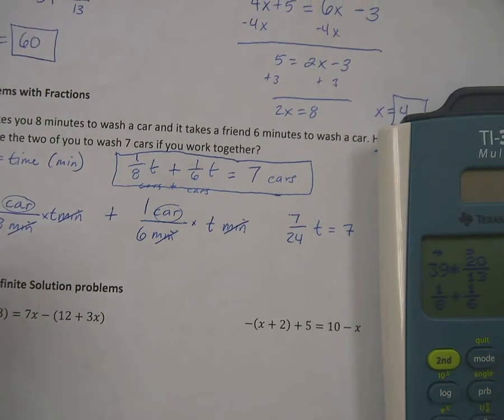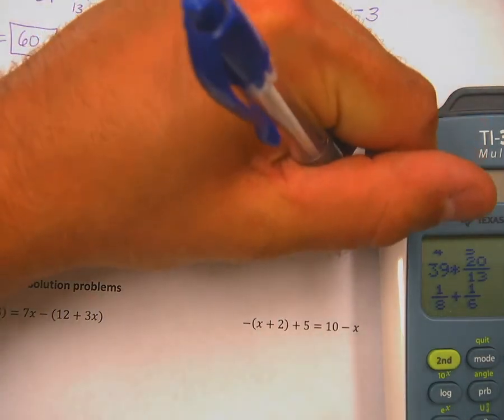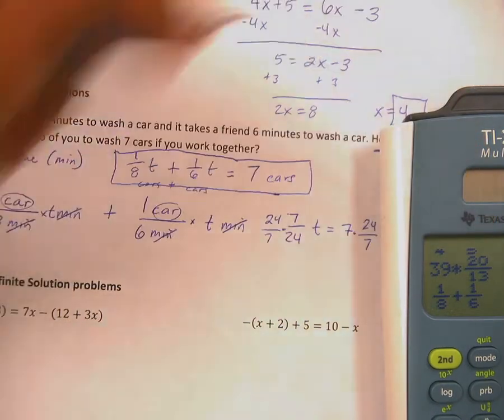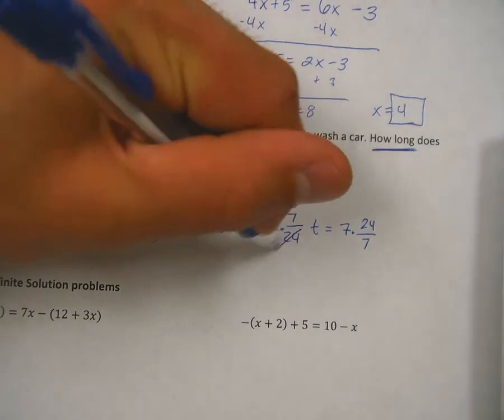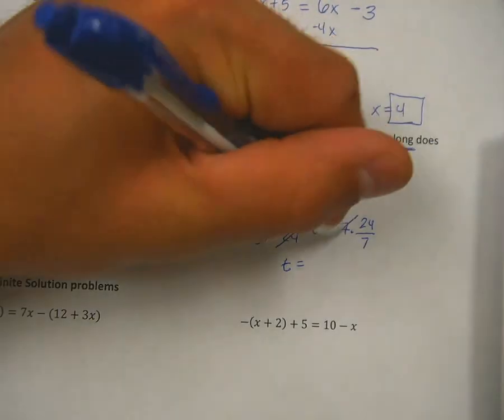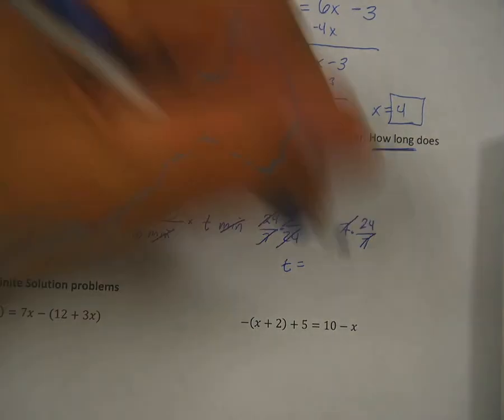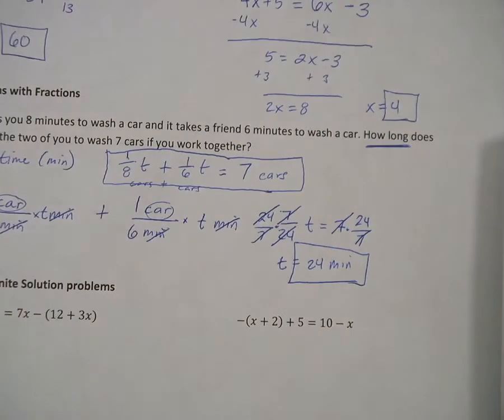And now I'm going to multiply by the reciprocal, 24 over 7, but I have to do it to both sides to be fair, right? And the reason I chose that fraction, once again, the 24s go away, the 7s go away, I'm left with t. On the right side, 7 over 7 goes away, so it's 24 minutes. It's going to take us 24 minutes to wash those 7 cars together.